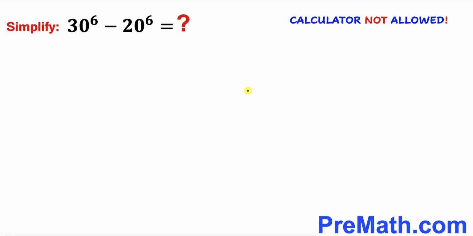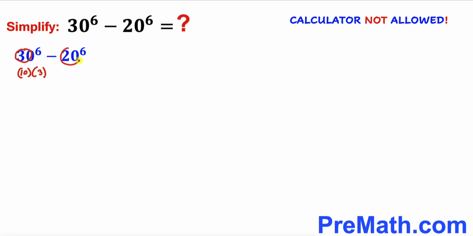Let's go ahead and get started, and let's focus on this given expression once again. Here I have copied down our expression, 30 power 6 minus 20 power 6. Now we are going to manipulate this expression. Let's focus on this base 30. 30 could be written as 10 times 3, isn't it?